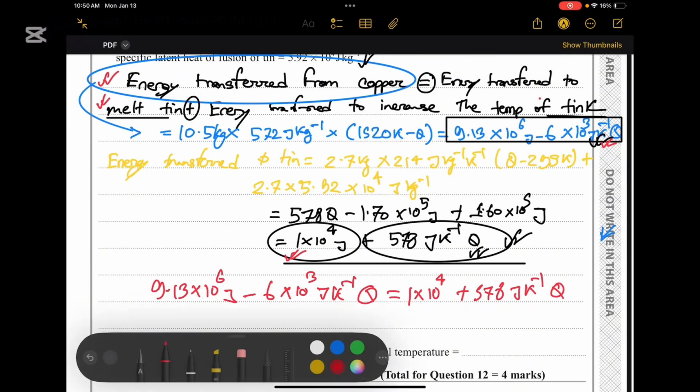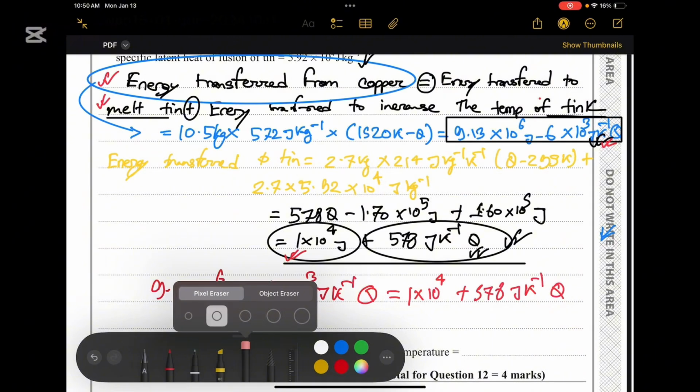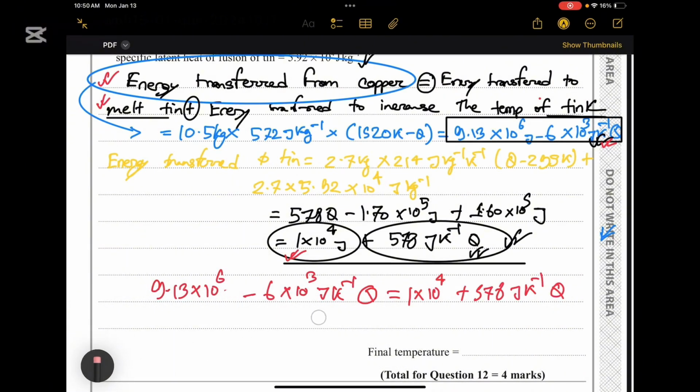To avoid confusion, we can remove the joule part and only consider these theta values. So you can also write it as 6 into 10 to the power 3 theta. These are equal values.